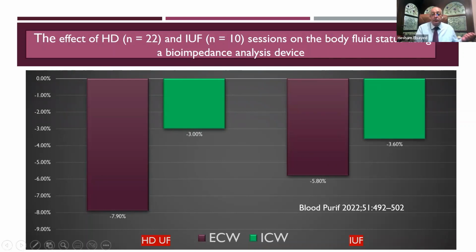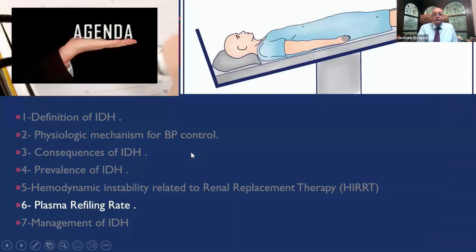If you are using hemodialysis plus ultrafiltration, there is a drop of the intracellular water removal to 3%, and a higher drop of the intravascular component, and subsequently the patient may experience, especially in the early phase of dialysis, intradialytic hypotension.